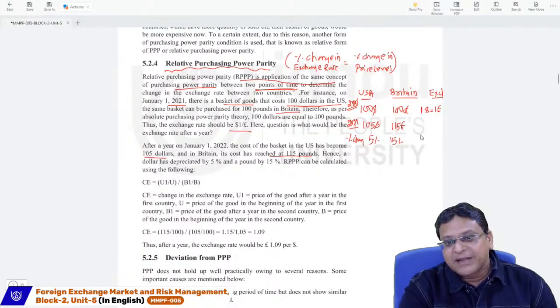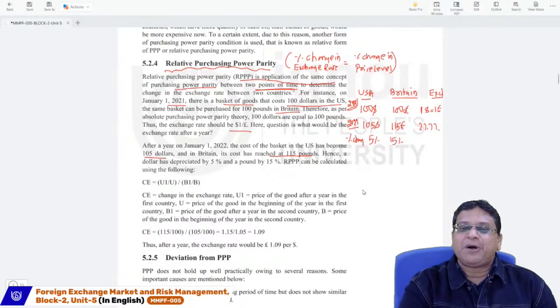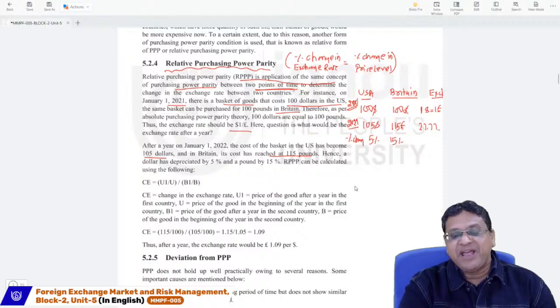Then what will happen to the exchange rate? The relative purchasing power parity theory tells that if a country is facing a higher inflation rate, its currency value will depreciate, and the country which faces a lower inflation rate, its currency value will appreciate.